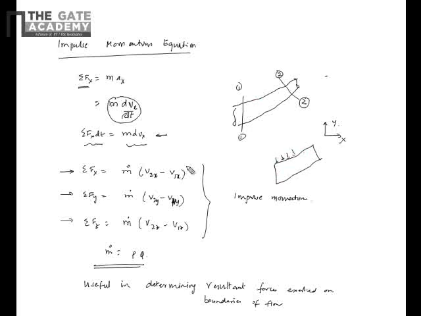Now what are the forces? The entire pipe surface will be exerting some force. You have this pressure from the fluid. So summation of all those forces is this in x and y directions. So you can get the forces which are exerted by the pipe surface on the fluid, or the other way, the forces exerted by the fluid on the pipe surface.